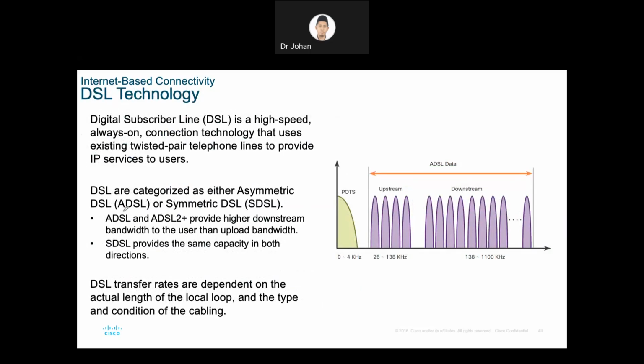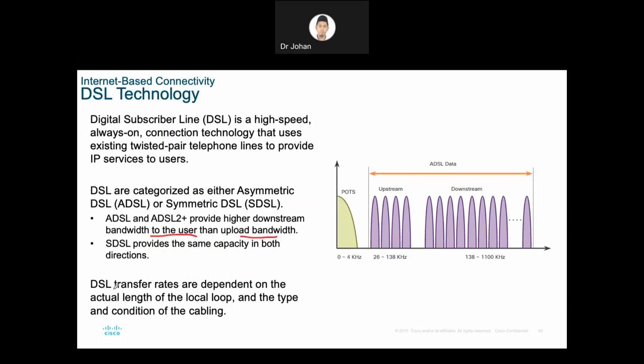ADSL and ADSL2 Plus provide higher downstream bandwidth to the user compared to the upload bandwidth. SDSL provides the same capacity in both directions.